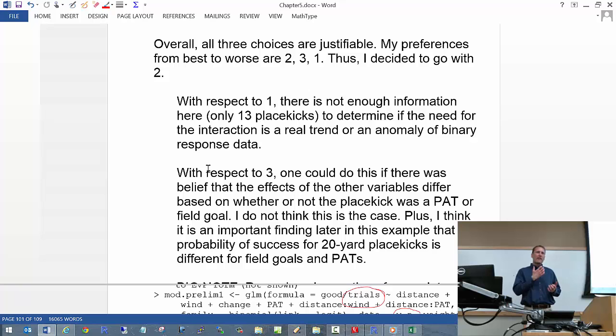And so that's why I felt that rather than leaving that interaction in, leaving 119, 120 in, it was best to just put all non-20-yard PATs aside and not even worry about that. Because I don't know if what I'm seeing here with the data is an anomaly or maybe a real trend. So that's why I thought, okay, number 2 is better than number 1.